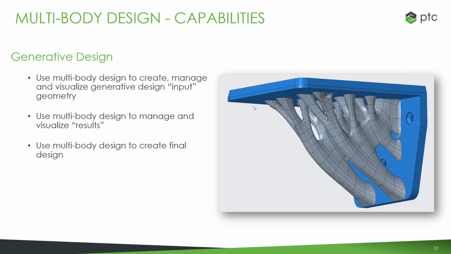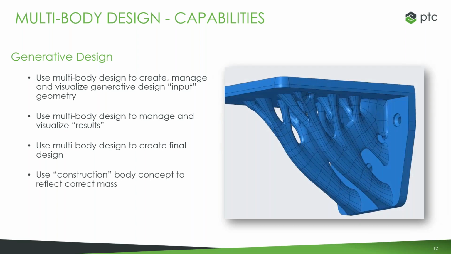So this is editable geometry as the output of your generative design, and you're able to do with that what you want. So merge it into the rest of your part, create a new part with it. Maybe you want it as its own body, whatever you would want to do. You can also use the construction body concept to reflect the correct mass. So that's another option.